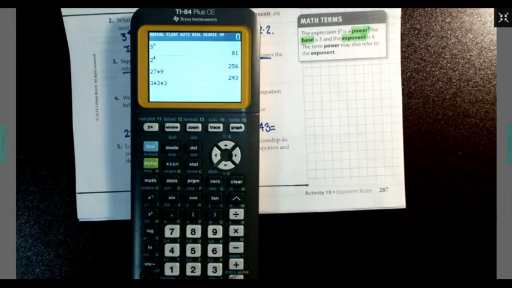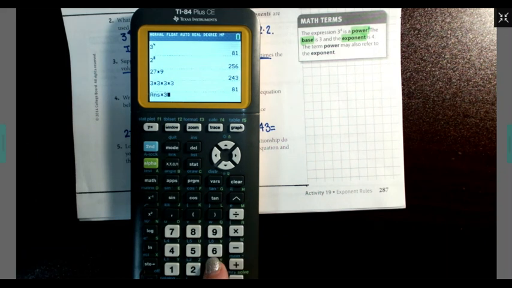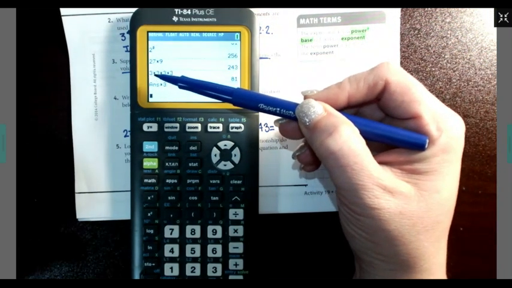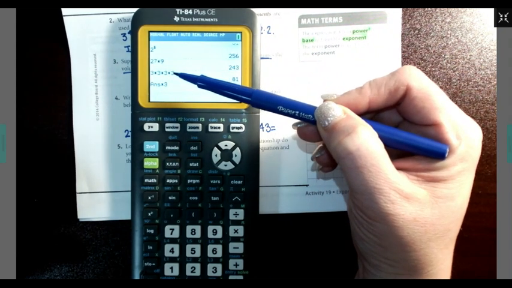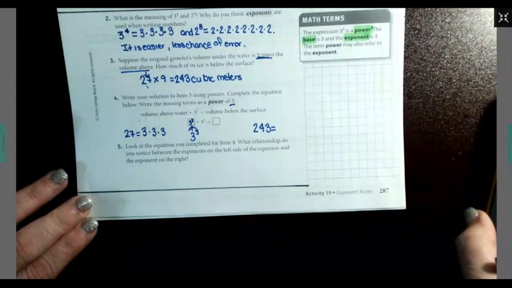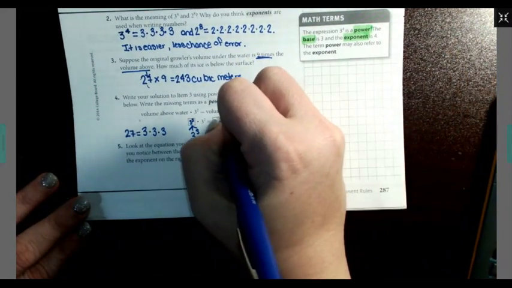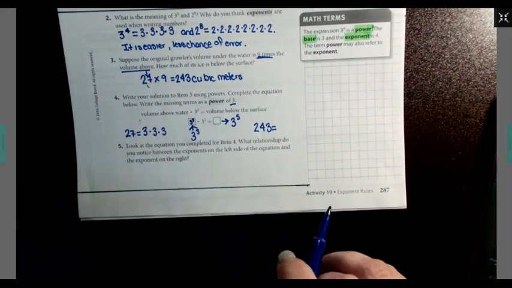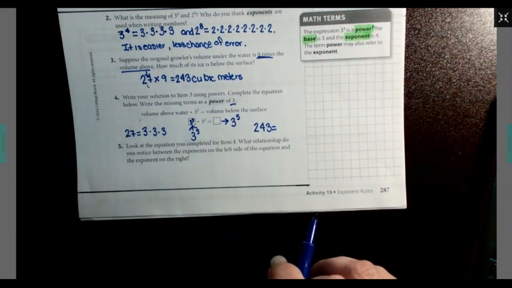We know that's 27, right? So let's do another 3 in there. That's only 81. So we got to do another 3. Let's see what happens. So that was 1, 2, 3, 4, 5 threes that we multiplied here. So this is going to be 3 to the 5th power.